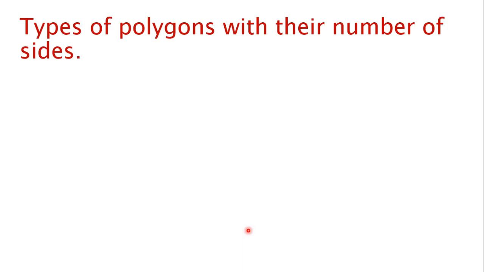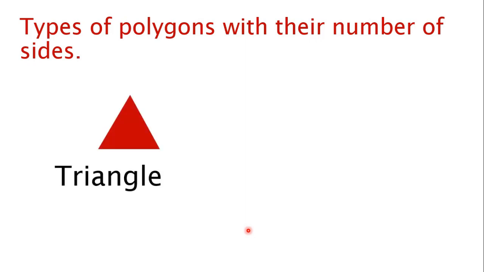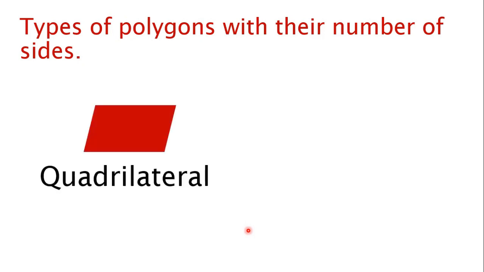Okay, so let's look at the types of polygons we have based on the number of sides. So we are calling this a triangle. It has three sides. Quadrilateral. It can be any four-sided plane figure, whether a square or a rhombus or a parallelogram or a rectangle. Quadrilateral, four-sided, so four sides.